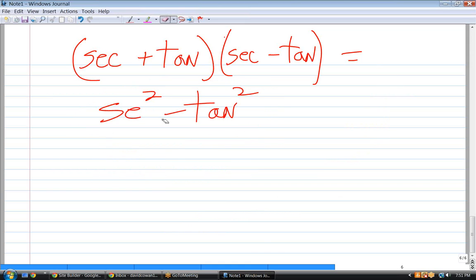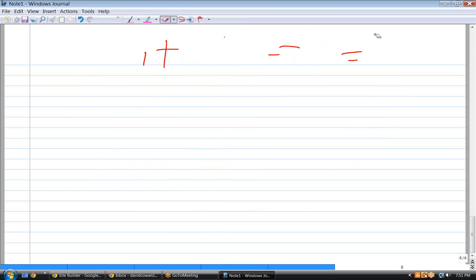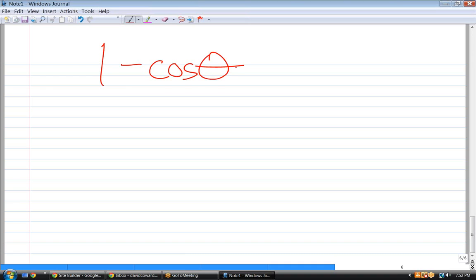Now, there are a few exotic tricks that we haven't had to use yet, but you will for some of the harder ones. One of the exotic tricks is multiplying by the conjugate. In other words, when you run into things like this, that doesn't fit any identity.